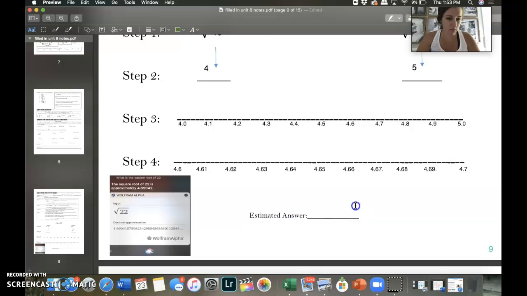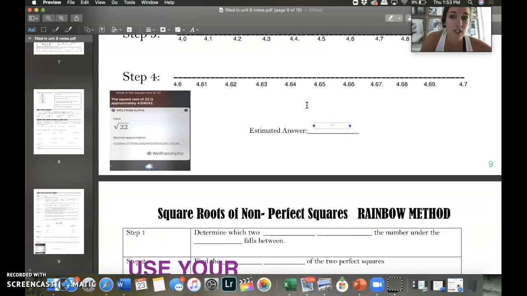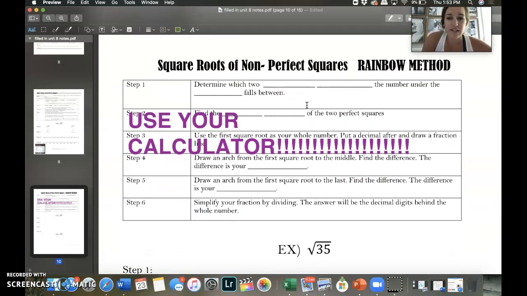I don't know. Okay, fine. I'll do the text box. Let me go ahead and type that 4.7 is my estimated answer. Thank you, Siri. And I'm going to show you how to use your phones to continue to cheat to get the answer. Oh, look, it says use your calculator.